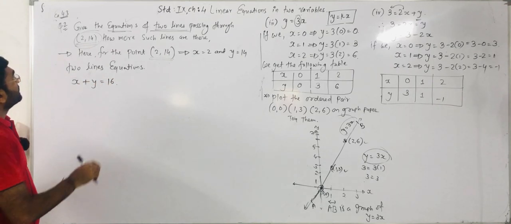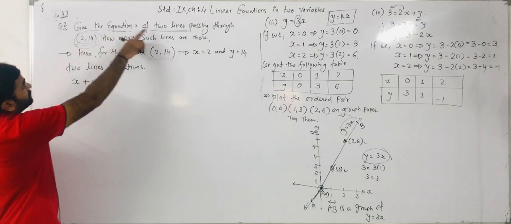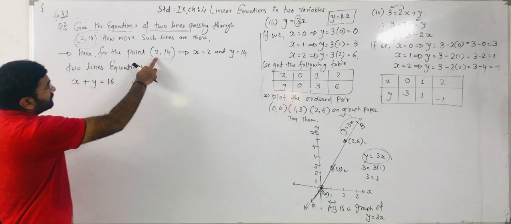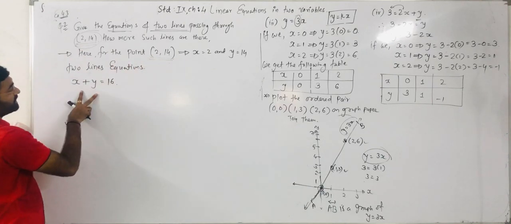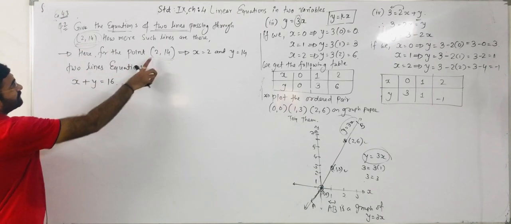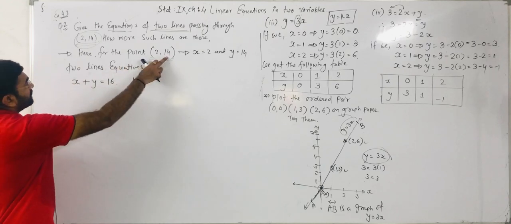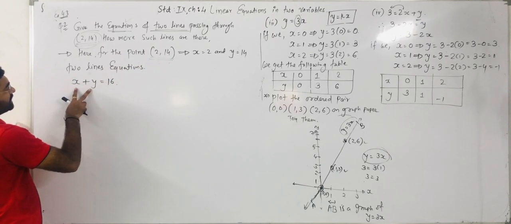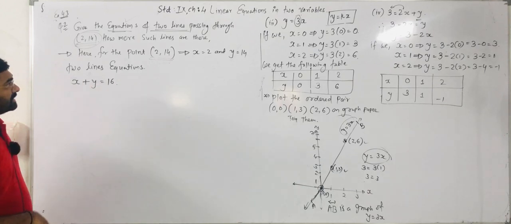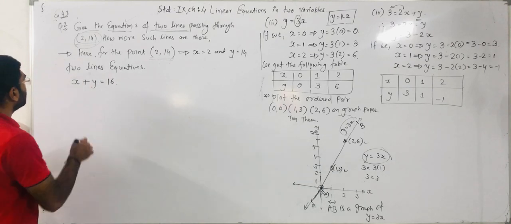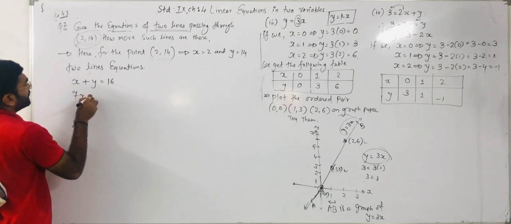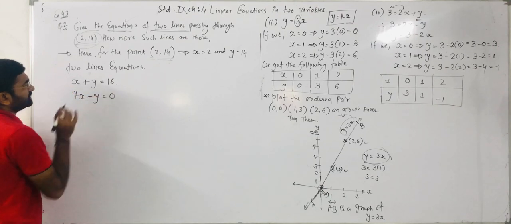As the question says, these two lines pass through that point, so a point on the line satisfies that equation. If you take 2 as the x coordinate and 14 as the y value, 2 plus 14 is 16 and the right-hand side is 16, so it is satisfied. Another equation we can make is 7x - y = 0.